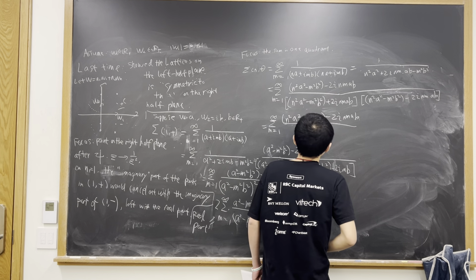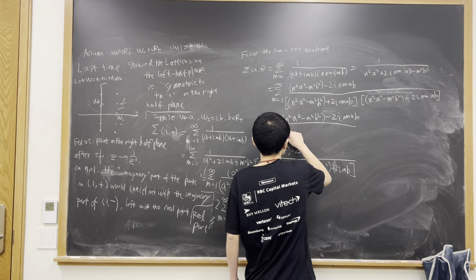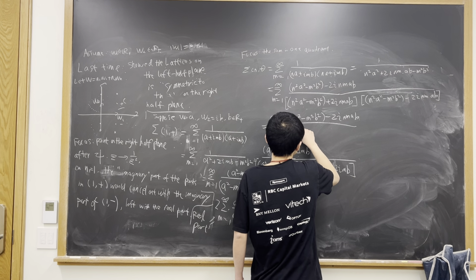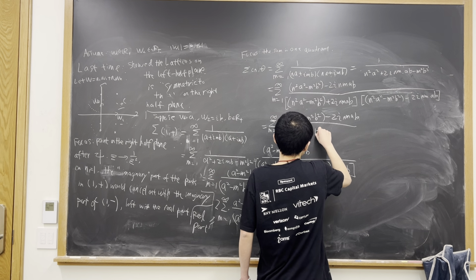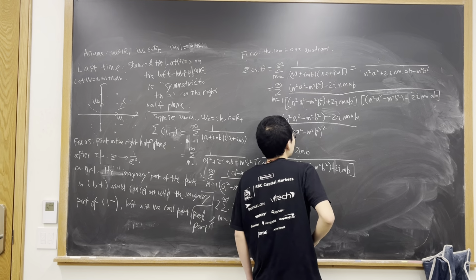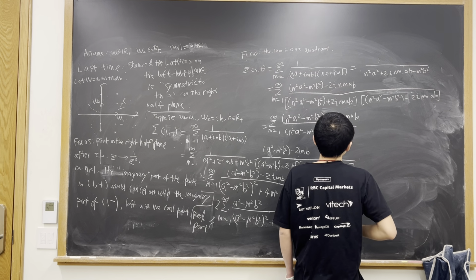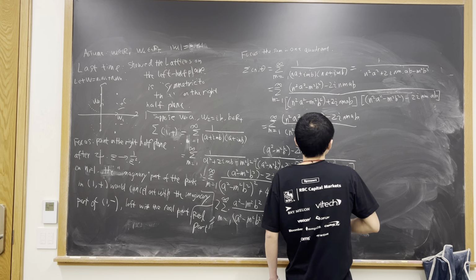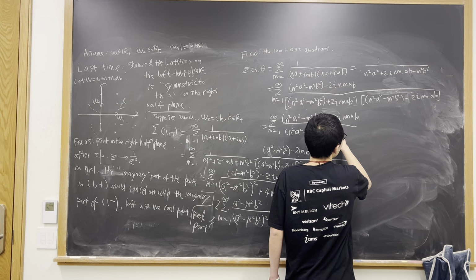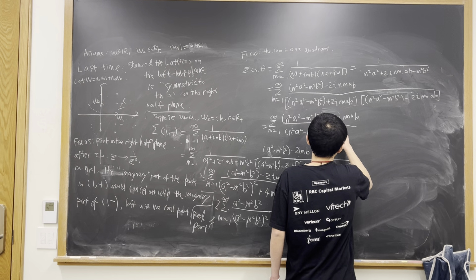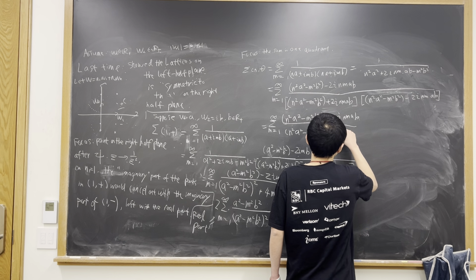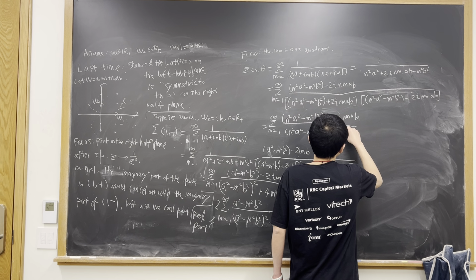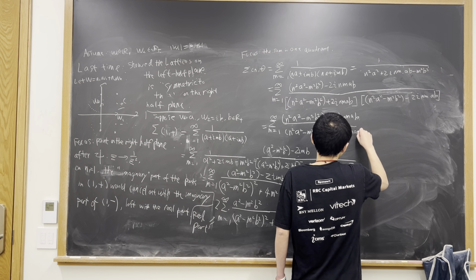And now for the bottom part, what I get is n squared a squared minus m squared b squared, squared. And then something will cancel out. And then it should be plus, right? Because i and plus 4. Yes, so n and a b, n squared m squared a squared b squared.